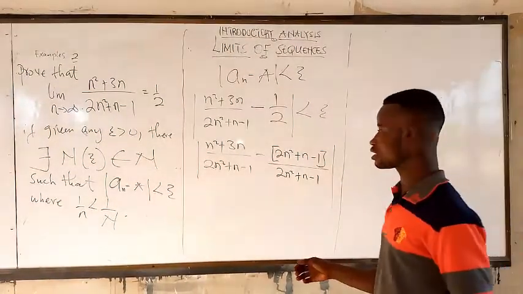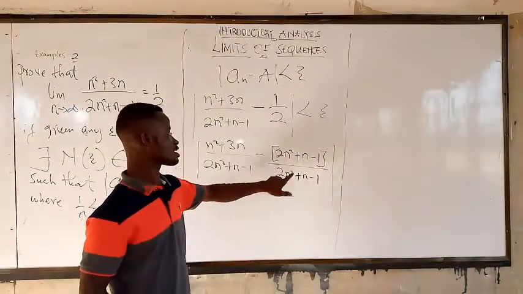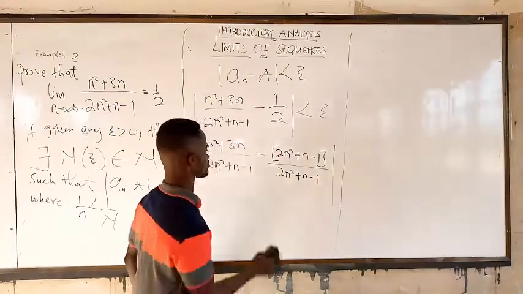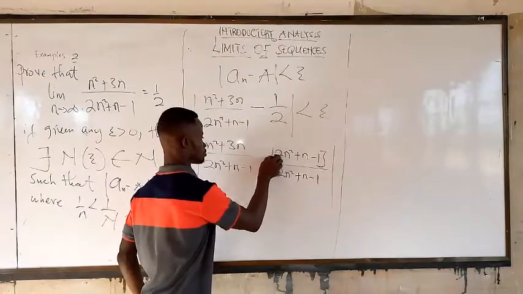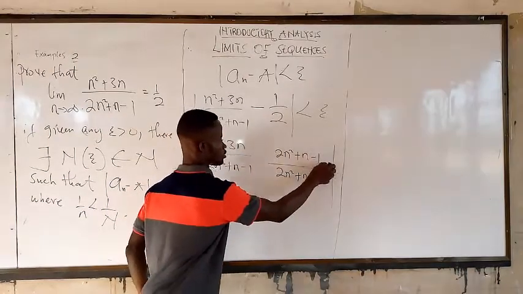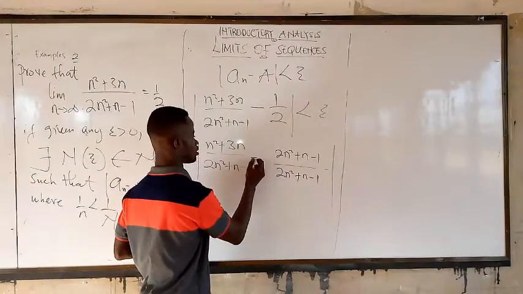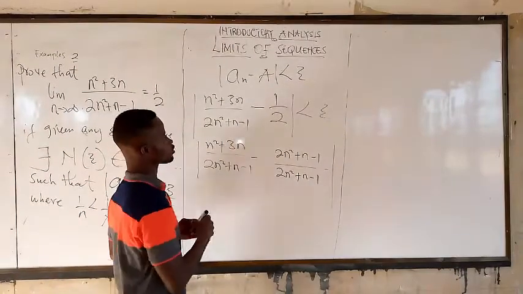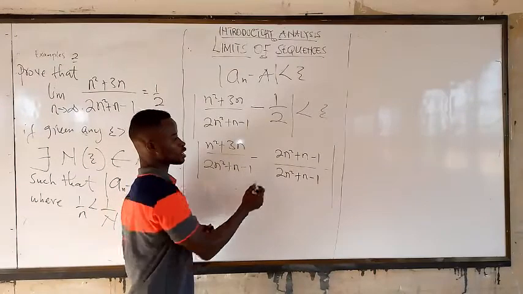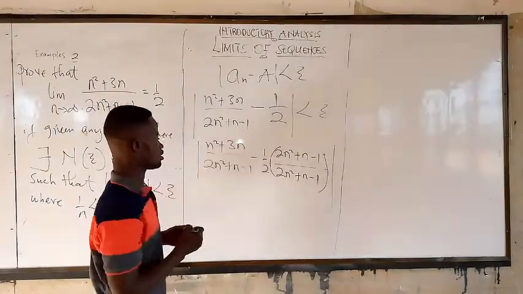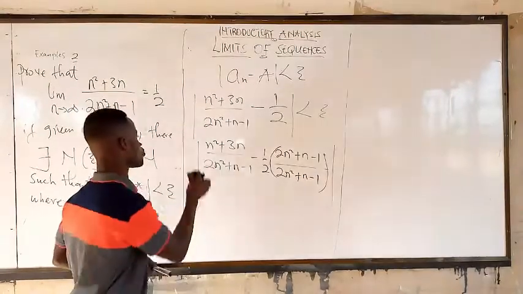So here we know that when this and this cancel out, you get 1. So it doesn't affect anything. This is just small algebra. Good. But don't forget that we have half here multiplying the whole of this. Okay? So half is here. Now we are going to do something. Watch.